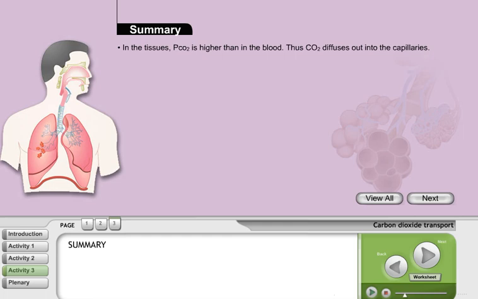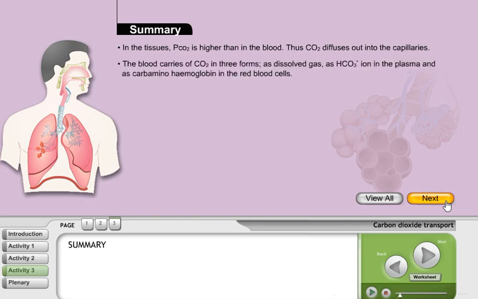Summary: In the tissues, partial pressure of carbon dioxide is higher than in the blood. Thus, carbon dioxide diffuses out into the capillaries. The blood carries carbon dioxide in three forms: as dissolved gas, as hydrogen carbonate ion in the plasma, and as carbaminohemoglobin in the red blood cells.